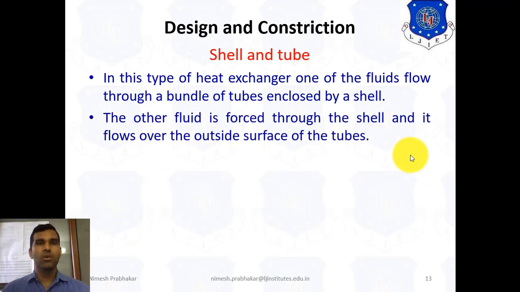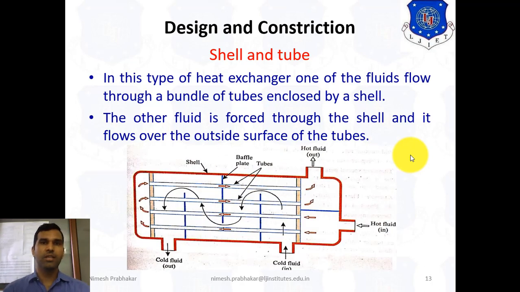The other fluid is forced through the shell and flows over the outside surface of the tubes. To understand this, we take this figure. Here there are a number of tubes, and the whole arrangement is placed in one shell. Shell is nothing but what we can call a drum.